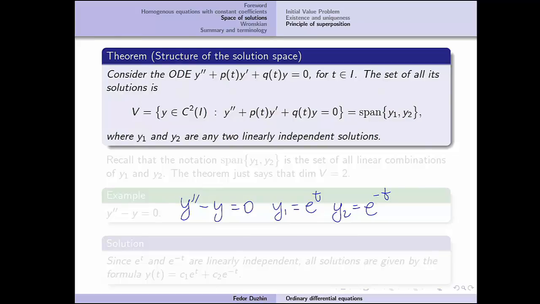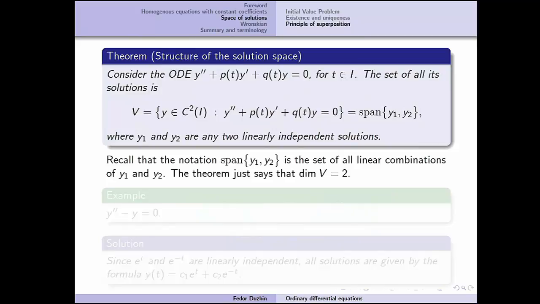Then every solution is going to be a linear combination of these two linearly independent solutions. So, in other words, in linear algebra terms, this theorem just tells us that the dimension of the solution space is 2.